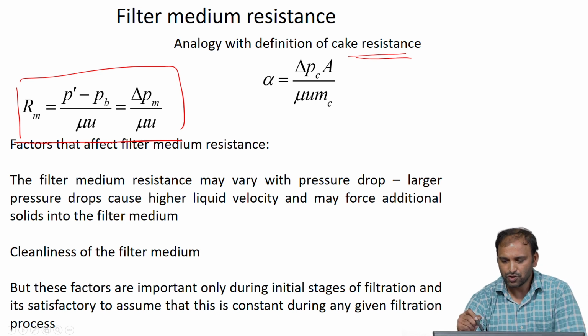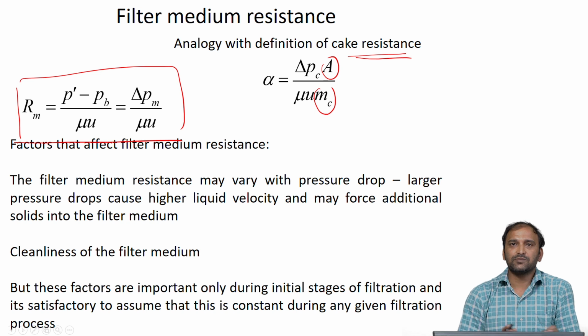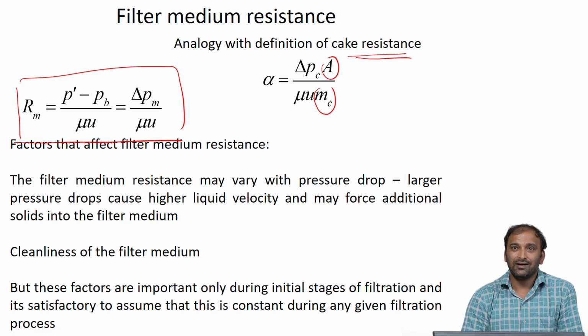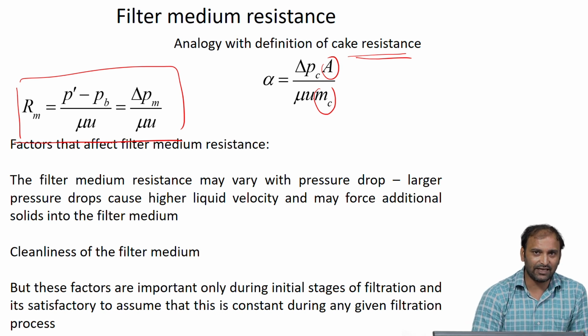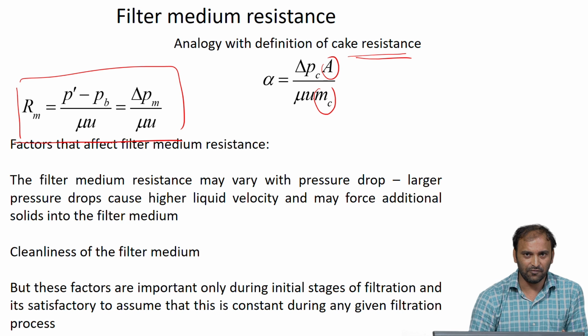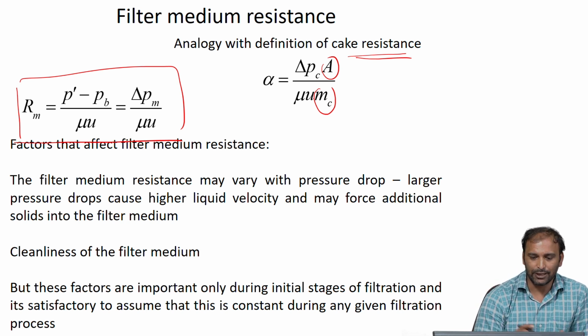We worried about mc by a because we were talking about a specific cake resistance, which means I would have to worry about the mass of the cake developed per unit area of the filter. However, in the case of filter medium resistance, I don't have that term.